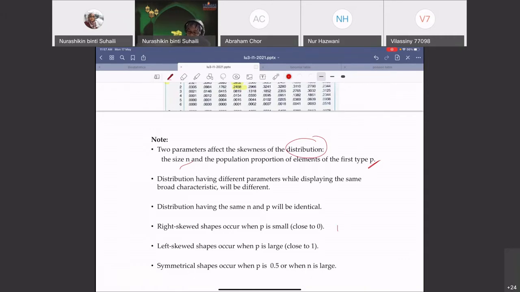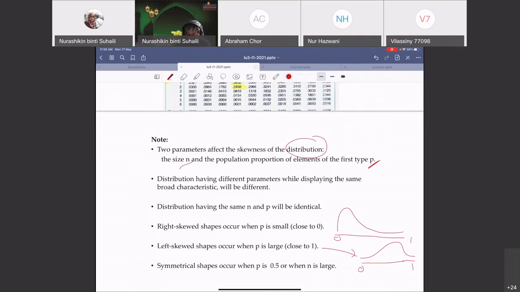So what does it mean? It's like this. The P value is small, that's why it's right skewed. And when it is left skewed, it's something like here. When this is 0, this is 1. When P is large, close to 1, it's skewed to the left.